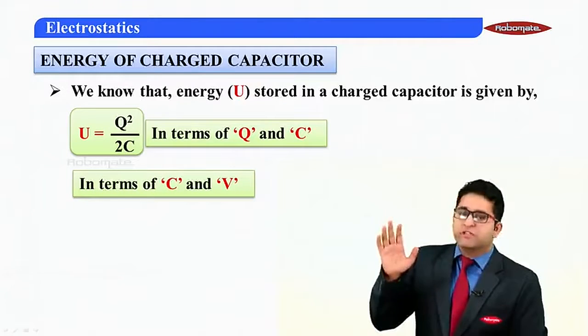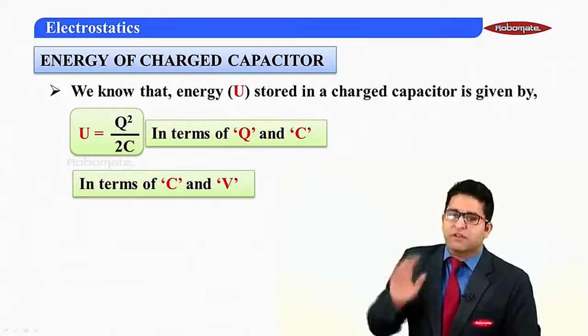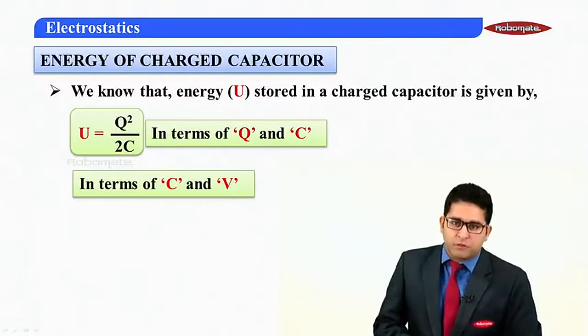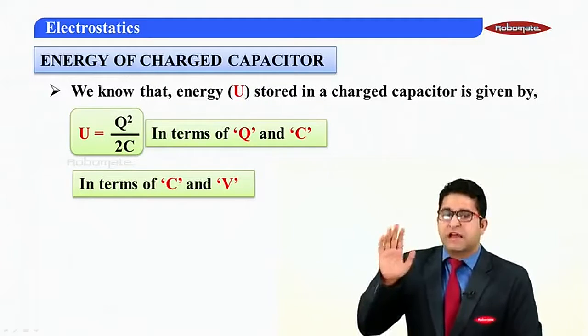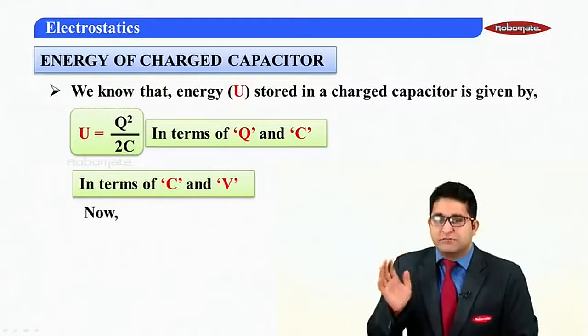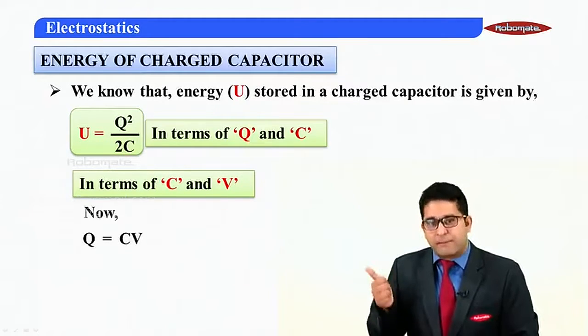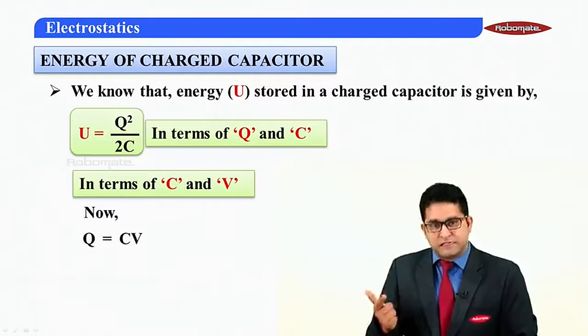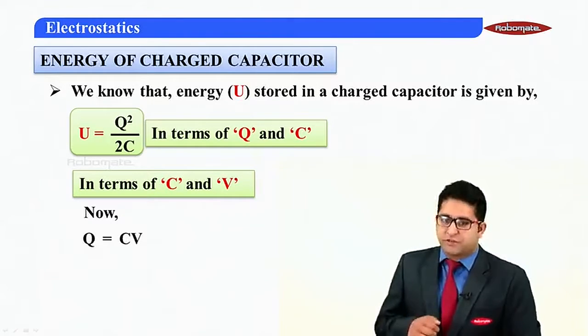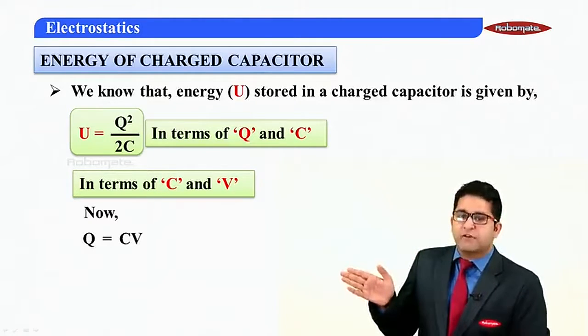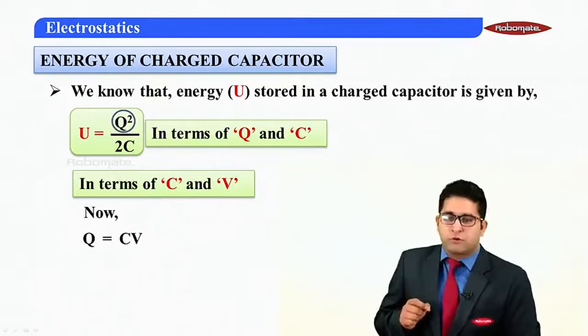If I want to write this expression in terms of C and V, I need to replace capital Q. So I can write capital Q is equal to C into V, where Q is charge, C is capacity, V is potential difference. Now I'll place this value of Q in the above expression. So what will I get?